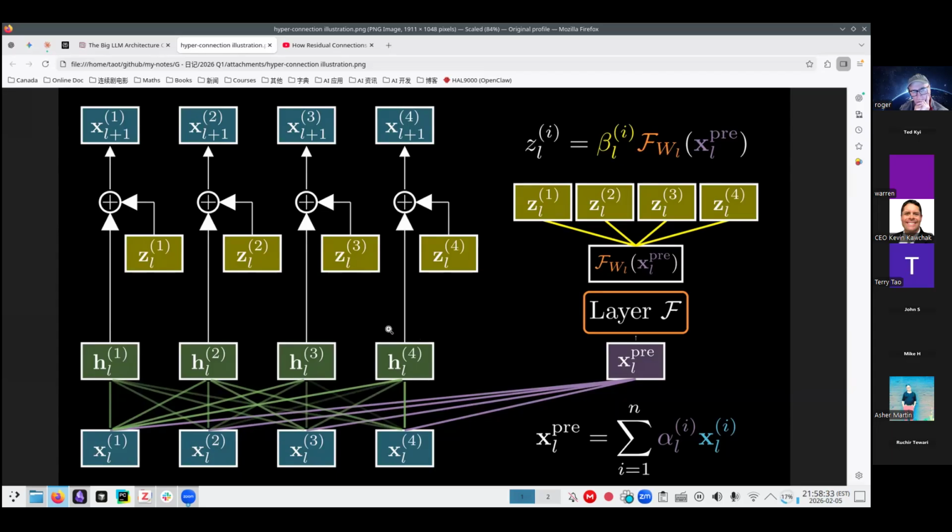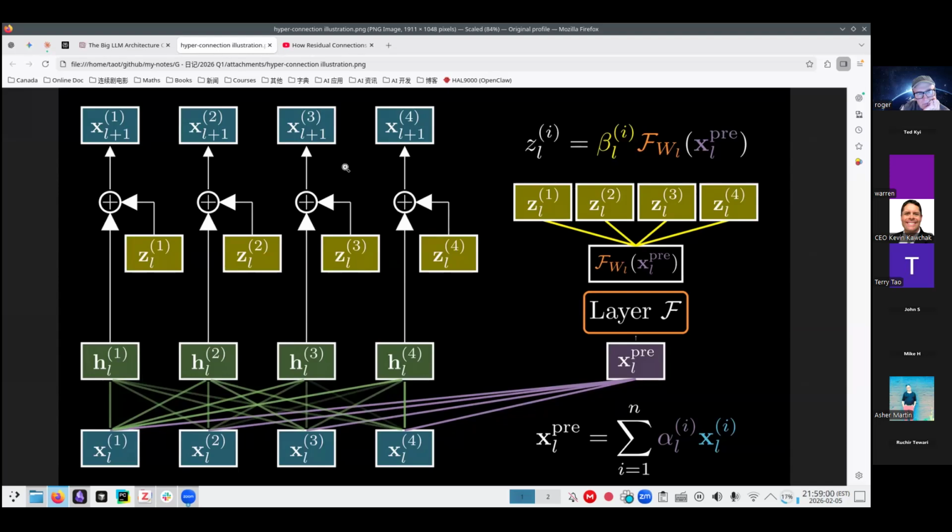And there's another thing, these H. So what they do is they mix the residual streams into each other, or you can think of it as exchanging information between those residual streams.